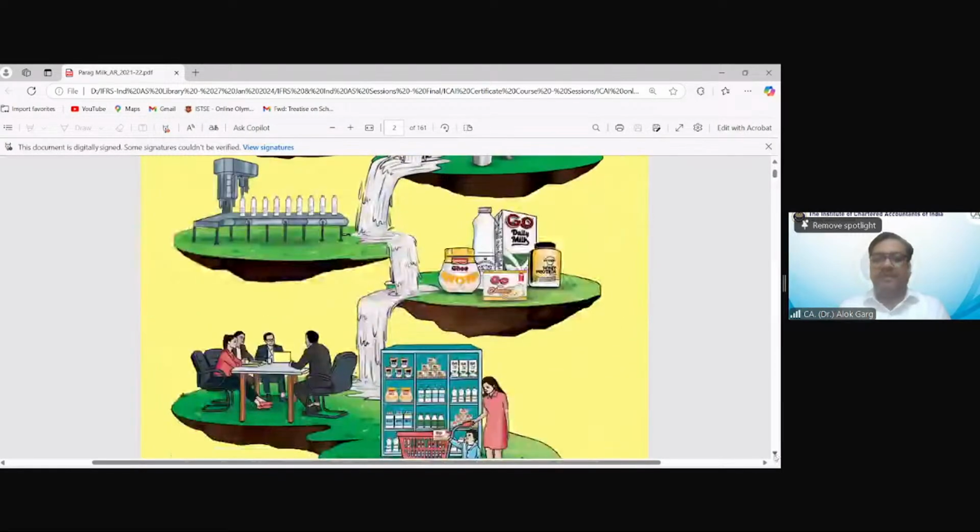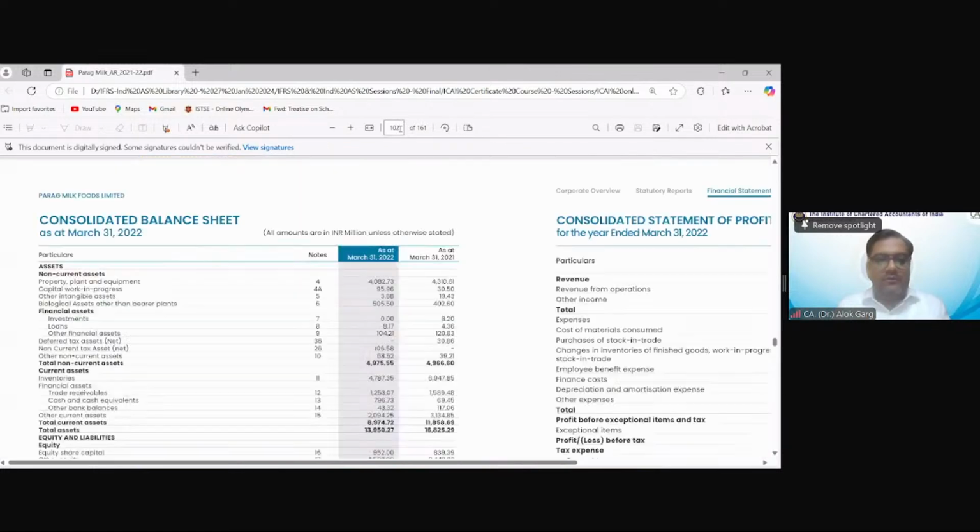Let me take you to the balance sheet, page number 102. Can you see this balance sheet?